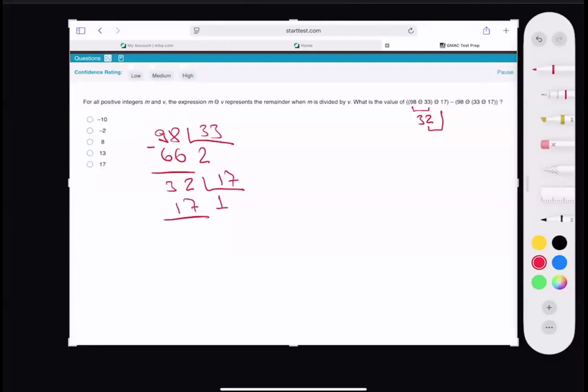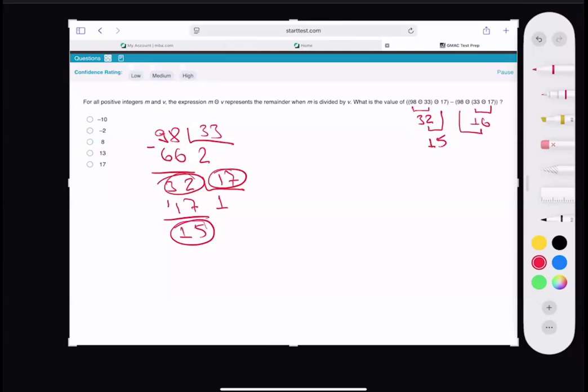So the remainder here is 15. Now I will do 33 over 17. For 32 over 17, the remainder was 15. So the remainder here will be 16, right? Because there's one more. Okay?